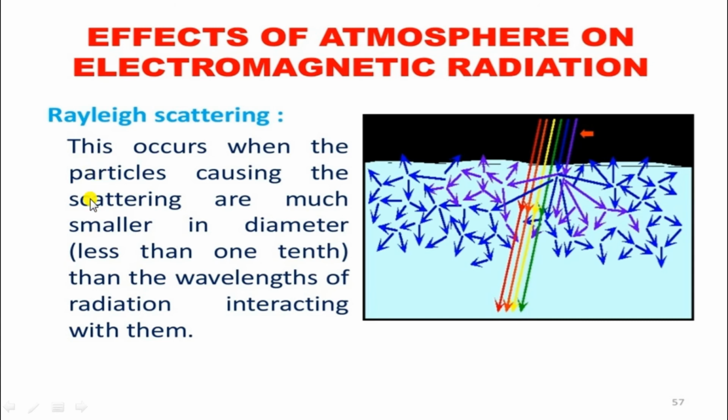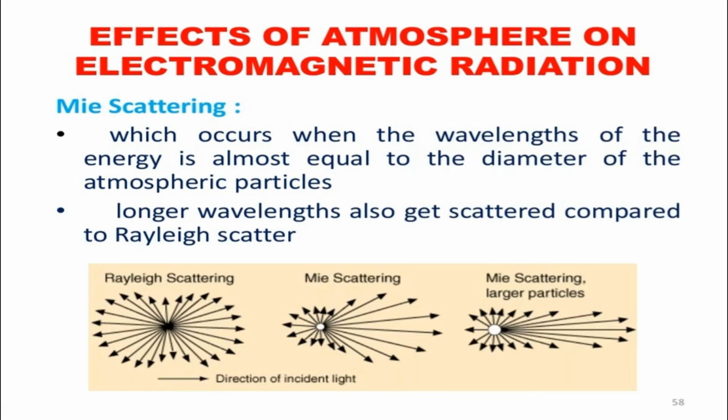Now Rayleigh scattering occurs when the particles causing the scattering are much smaller in diameter, less than one-tenth of the wavelength of the radiation interacting with them. It is called Rayleigh scattering. Next is Mie scattering, which occurs when the wavelength of the energy is almost equal to the diameter of the atmospheric particle.